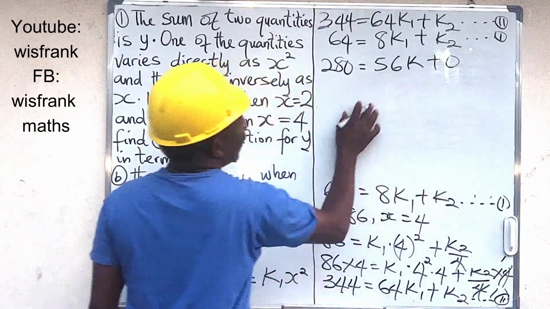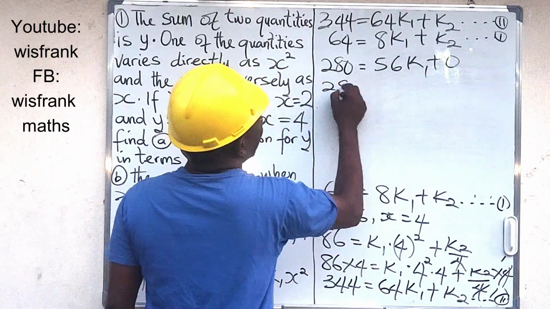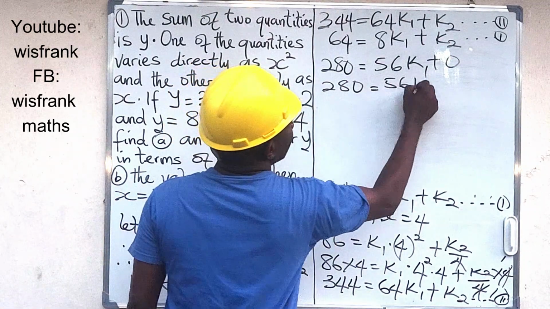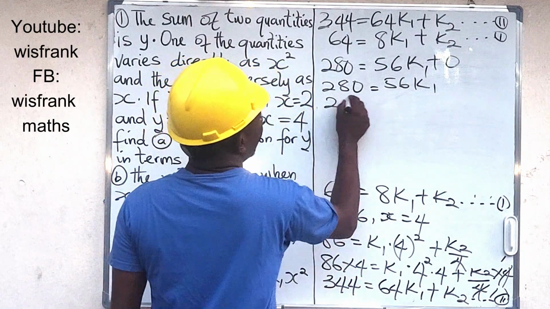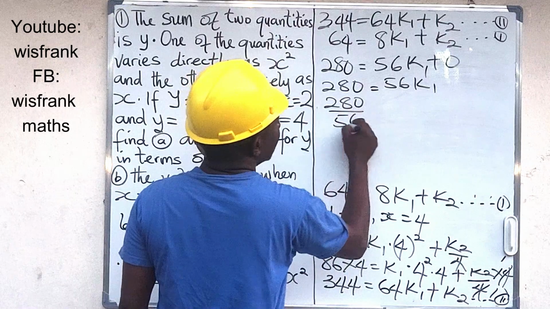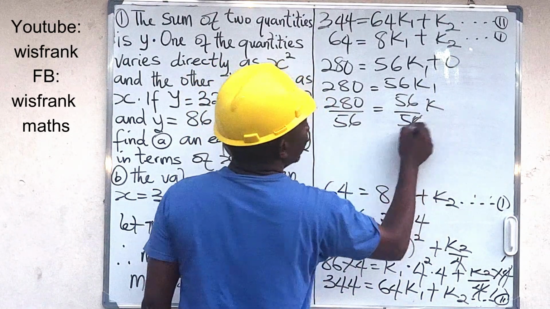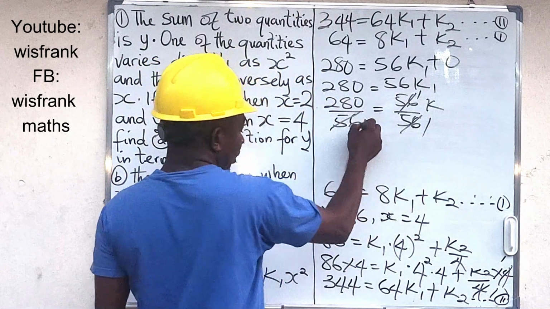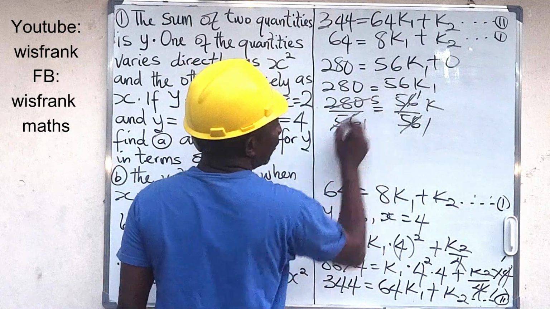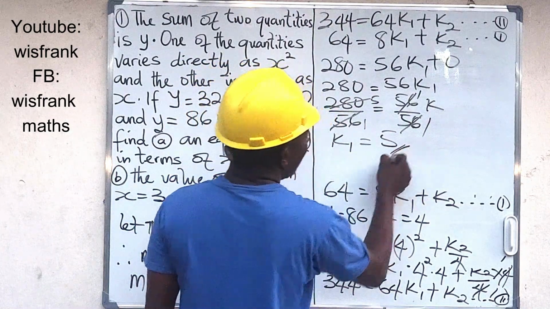So now this becomes 280 equals 56 k1. We divide all through by 56. We have 280 all over 56 equals 56 all over 56 k1. 56 will cancel here and 56 will cancel here. 280 divided by 56 is 5 times. We have k1 equals 5. So this is the value of k1.